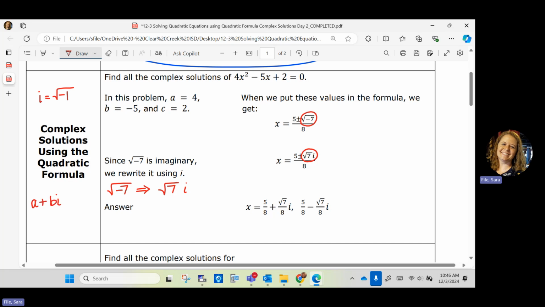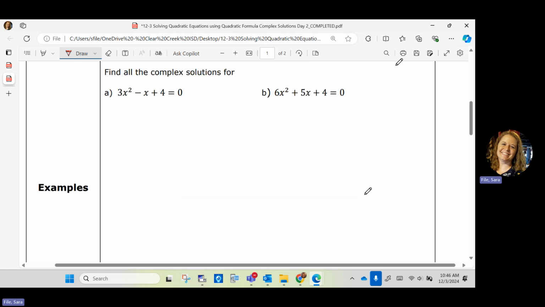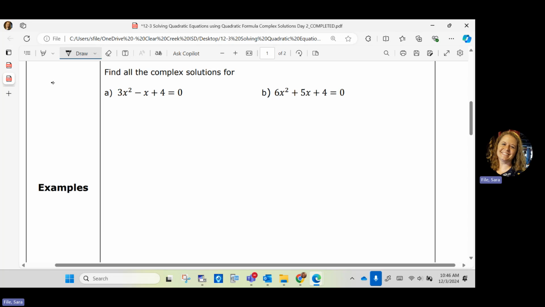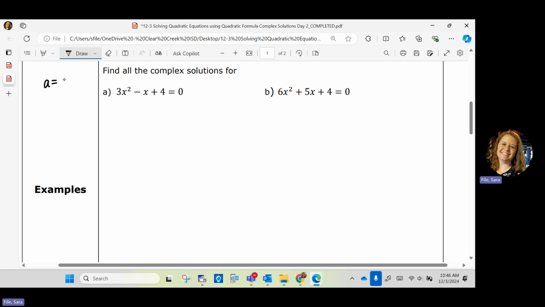So let's try one. The first thing we need to do is identify a, b, and c. So what is my a? 3. Good. What is b? -1. There is no number in front of that x. It's an understood 1, but you have to make sure you get the sign in front of it.